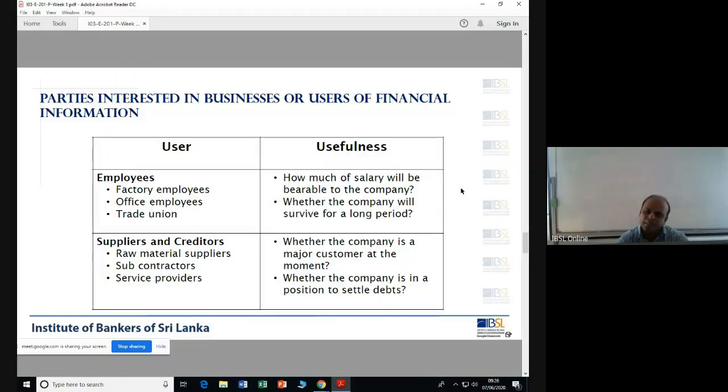Now the question is, why should suppliers and creditors know about this organization? Because today you are providing services or raw materials to this business thinking that they will pay you for the supplies that you have done.